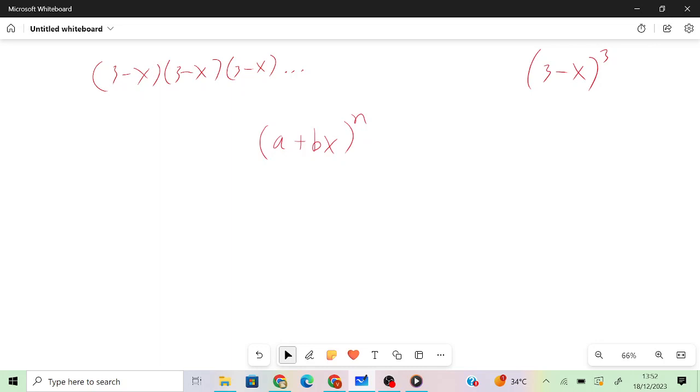So if I was to expand this, the general formula we use is n combination r multiplied by a to power n minus r multiplied by bx all to power r. And this is done for each term that you want to expand to. So suppose this is just for all the terms having the coefficient of x.